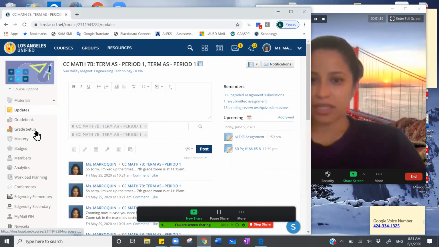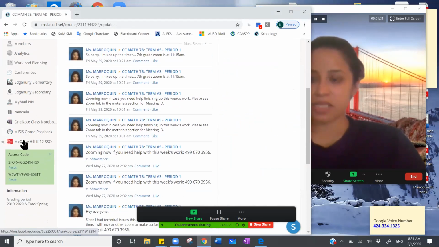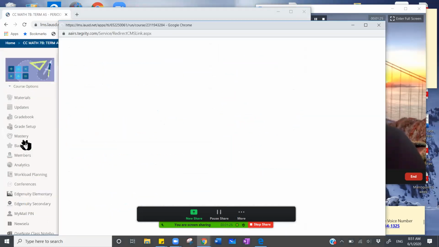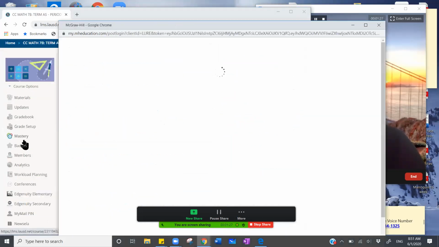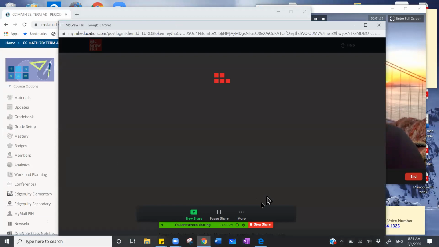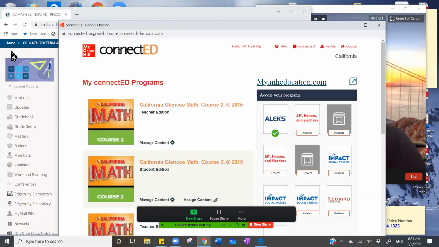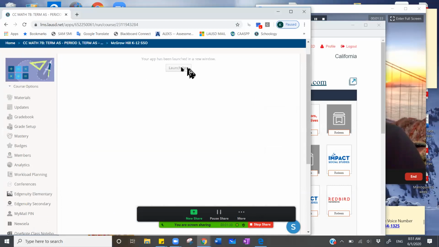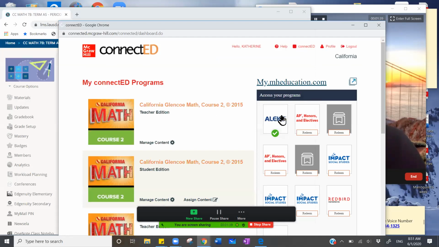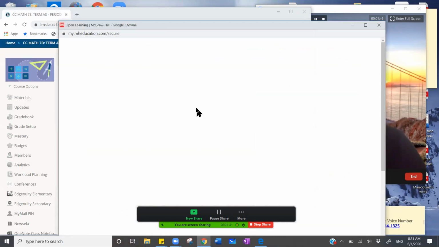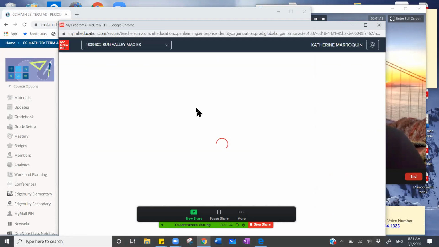And then here on the left-hand side, you're going to scroll down to McGraw-Hill K through 12 SSO. You click there. And then you might have to press this button that says Launch App, and it'll open up in a new window. That new window will look like this.